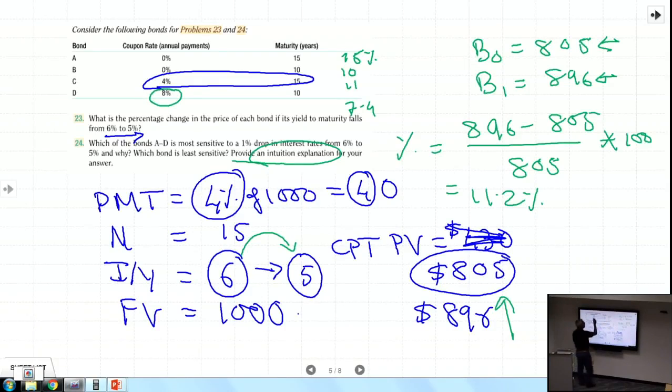The bond that had the highest change in its price also had the lowest coupon. And between these two zero coupon bonds, the only difference is larger maturity versus lower maturity. The bond with the larger maturity also had the highest sensitivity to interest rate changes.